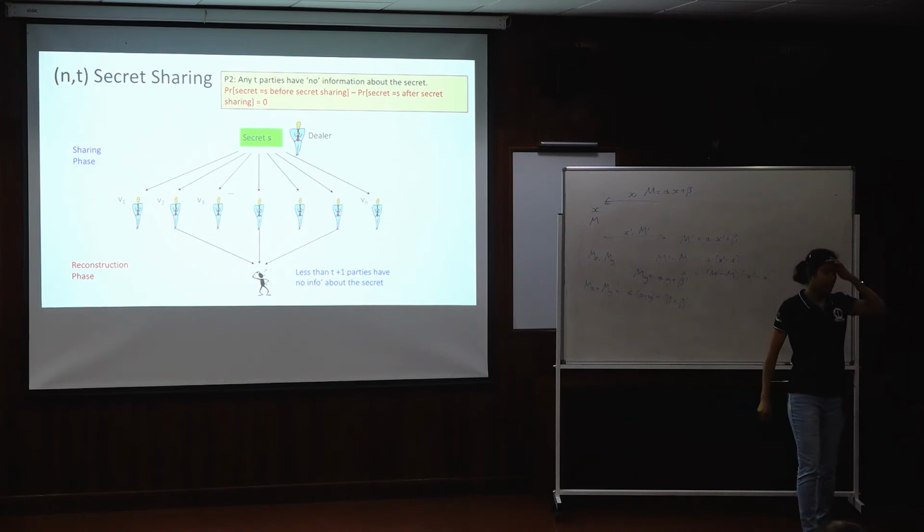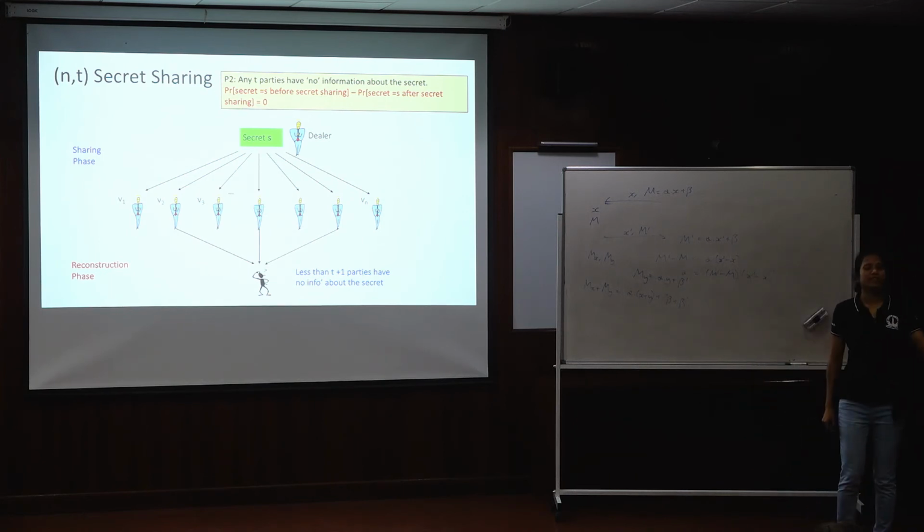Basically, before the secret sharing has been done, the T corrupt parties have absolutely no information. So whatever the probability of guessing a secret, it will remain unchanged even after they get the shares.